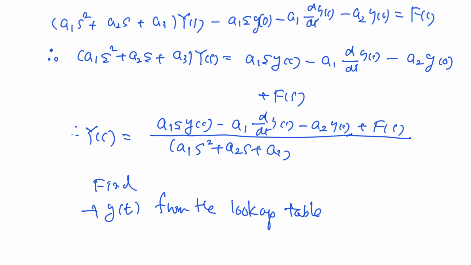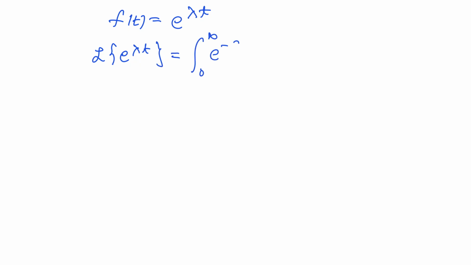The first case, f of t is exponential lambda t. The Laplace transformation of exponential lambda t is the integral of exponential minus st times exponential lambda t dt, right?